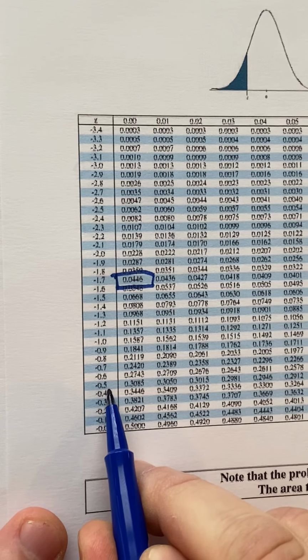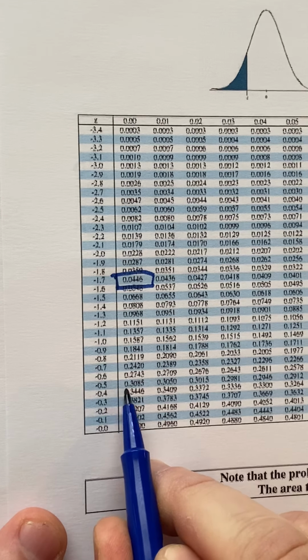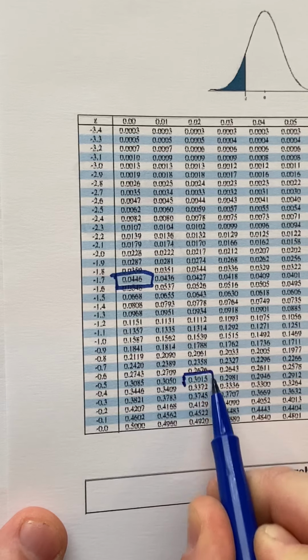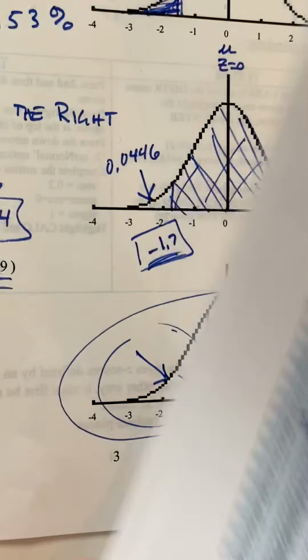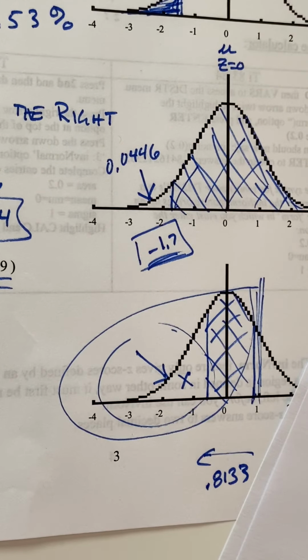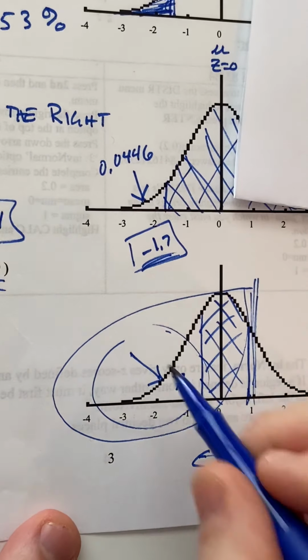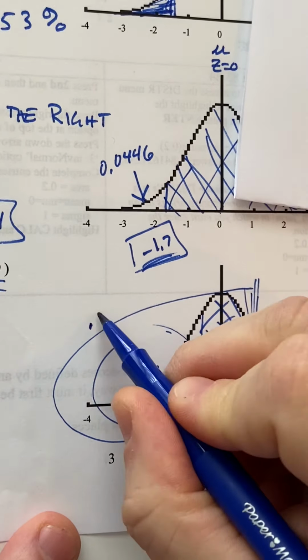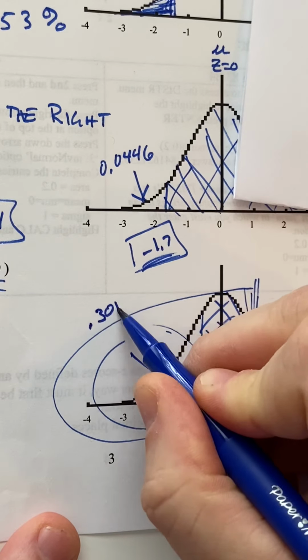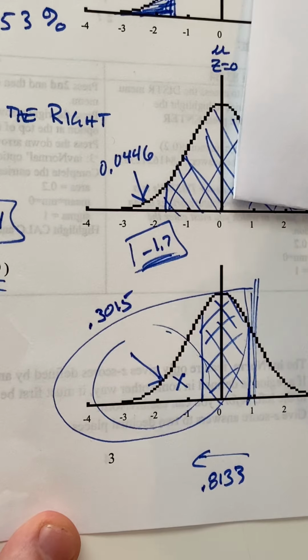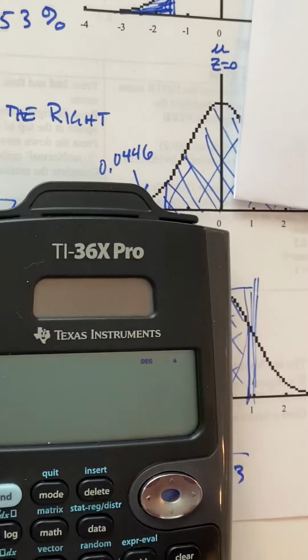Right there? 2, 0.50, 0.51, 0.52. And that number is 0.3015. So the area to the left, 0.3015. All we need to do is subtract those areas and we've got our area.